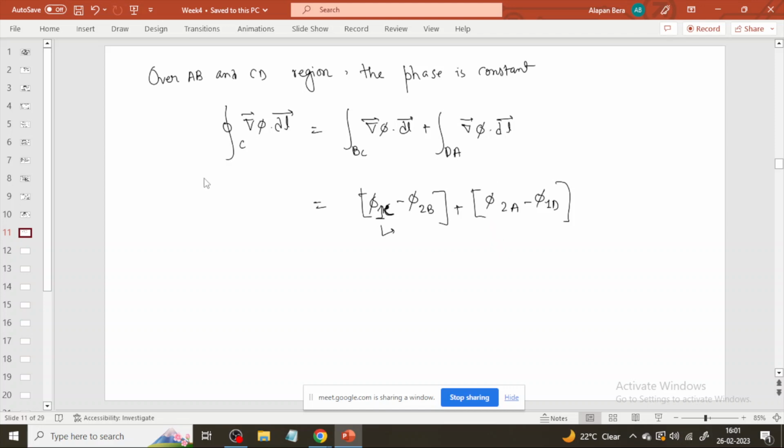Is this clear now? We can also write this as phi 1c minus phi 2b, minus phi 1d minus phi 2a. And this gives us the change of this phi.